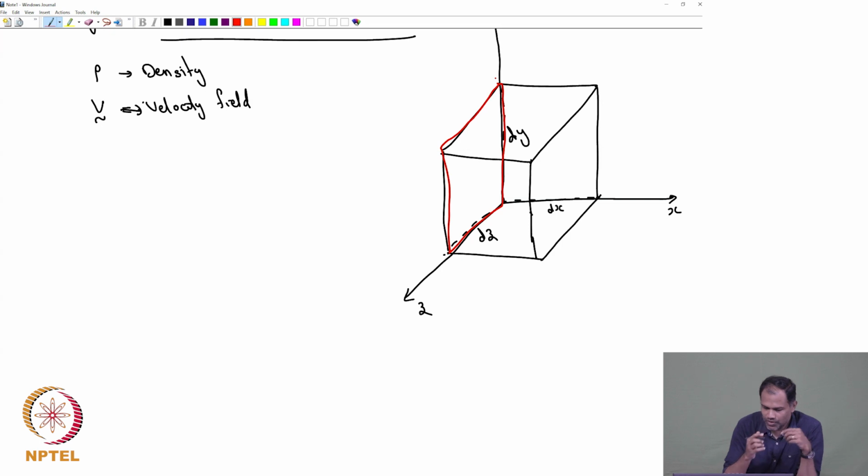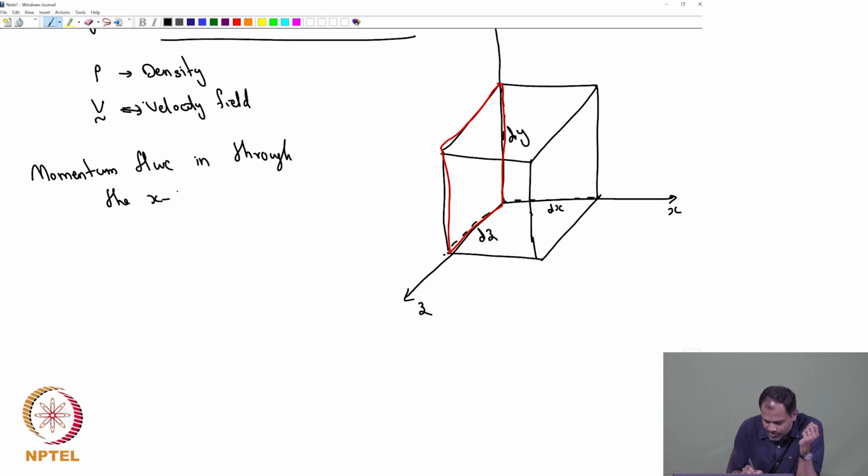So, what is the momentum that is associated with the fluid? We need to get the momentum flux in through the x face.